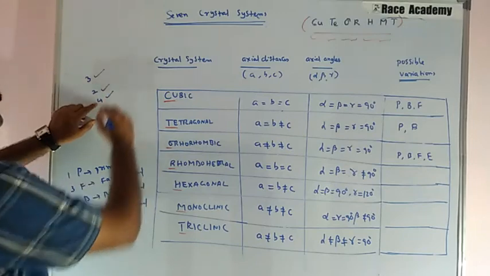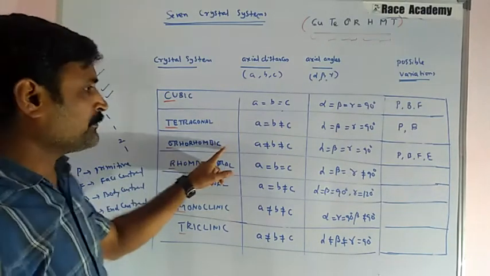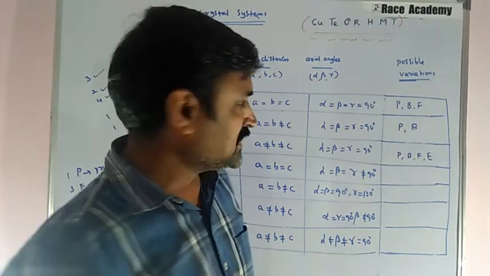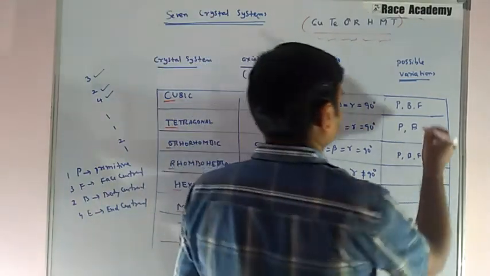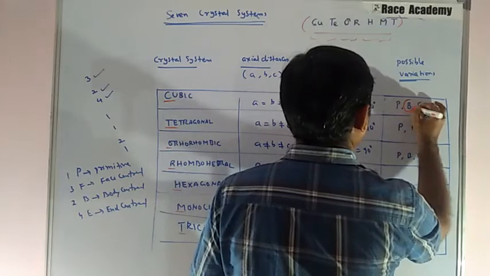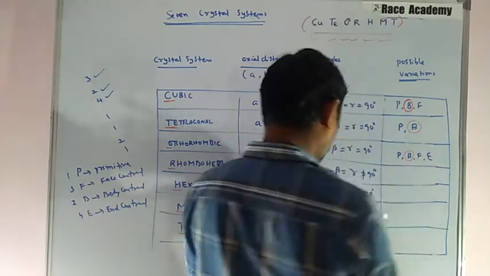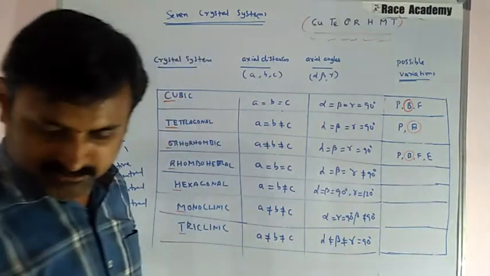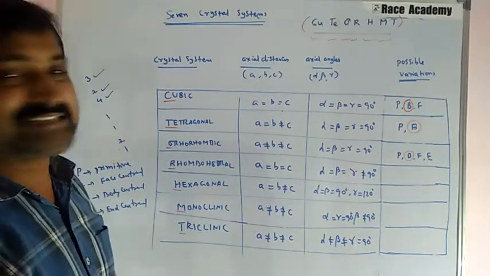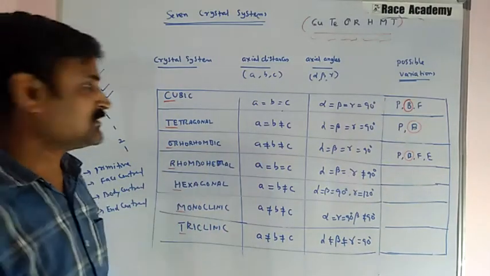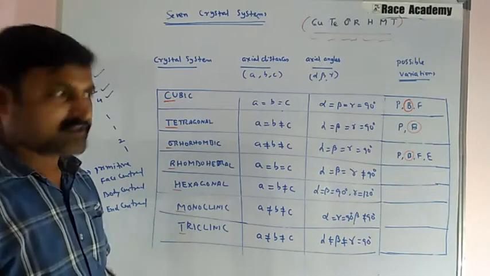Because the next number is 4. 4 means for orthorhombic, all the variations are present. In this year's NEET examination 2021, they asked how many crystal systems exist with body centered unit cell variations. 3. That is the question which was asked.